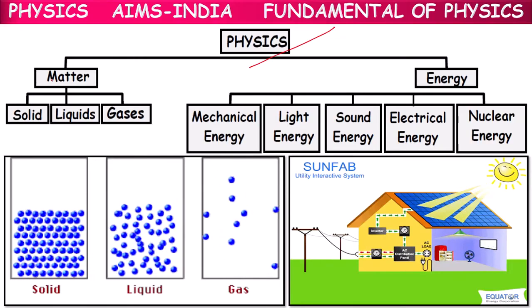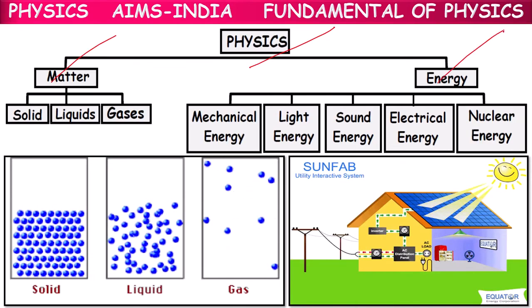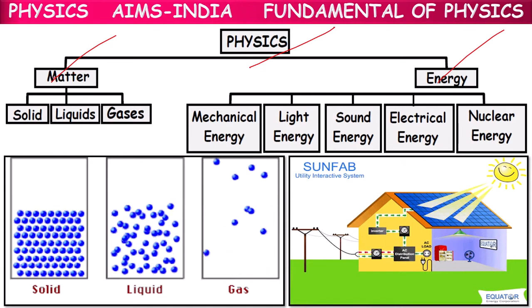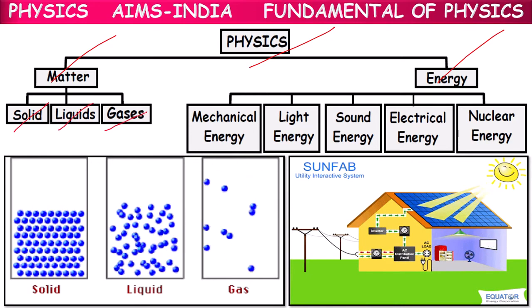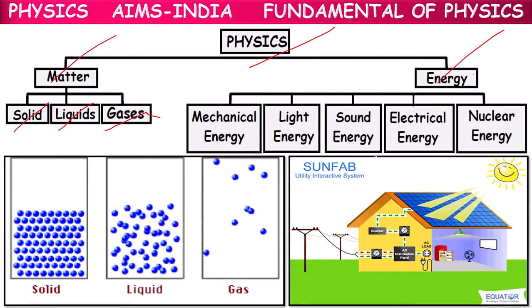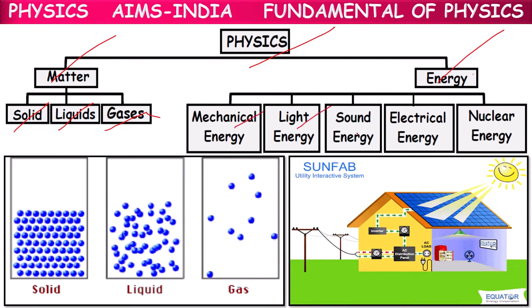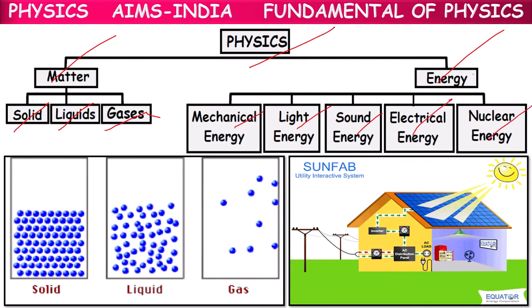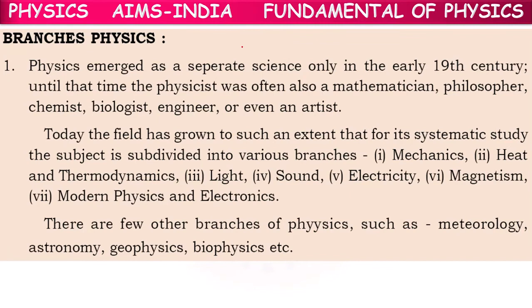Physics is mainly divided into two types, matter and energy. Matter is again divided into solids, liquids, gases. Energy has different forms: mechanical, light, sound, electrical, nuclear. So branches of physics.